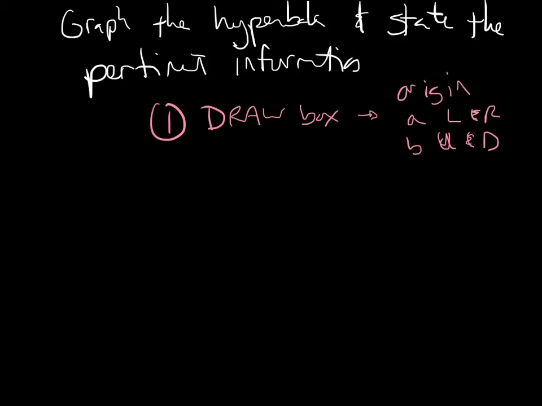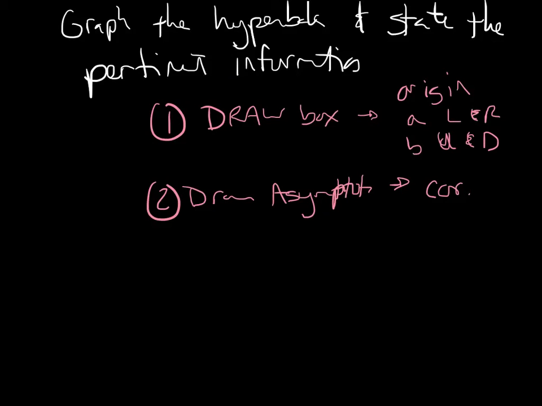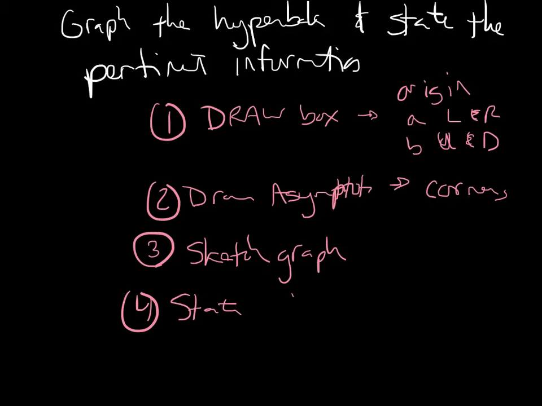Now you draw your box. Then you draw your asymptotes, and that's through the corners of the box. Third, you sketch your graph. It doesn't have to be particular, just make sure it hits at the vertices and goes the appropriate direction. Now, the pertinent information, you want to state vertices, co-vertices, the foci and the asymptotes.